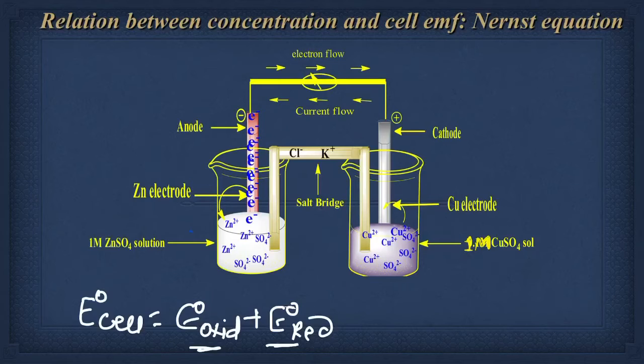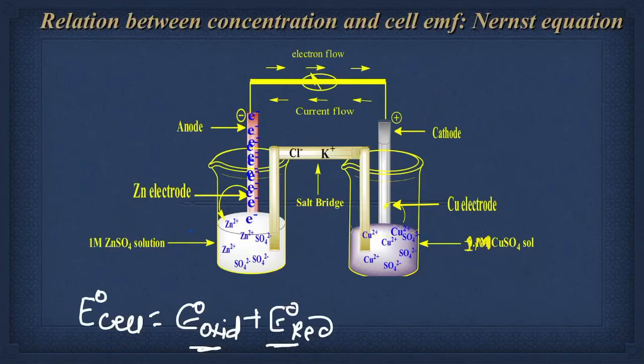I already told you when we can calculate the standard EMF of the cell. If we fix the concentration of the solution at 1 molar, both cells have 1 molar concentration, and the temperature of the system is 25 degrees centigrade, that state is called the standard state, and whatever cell EMF we get, we can say that is the standard EMF of the cell.